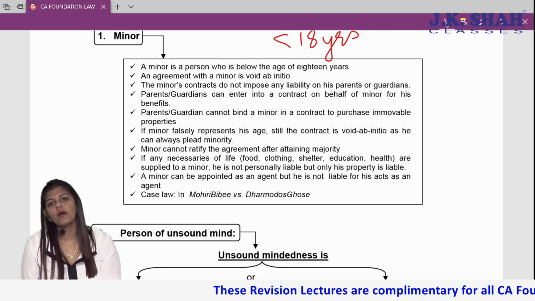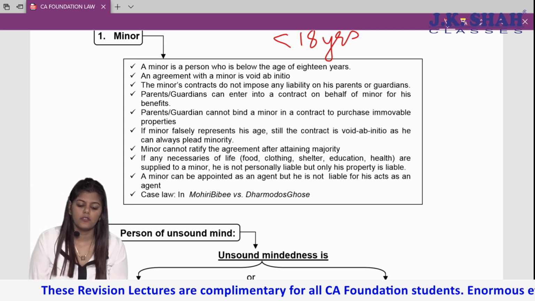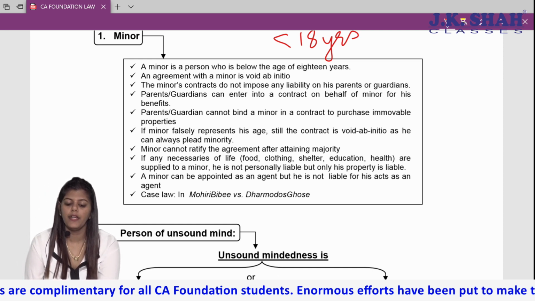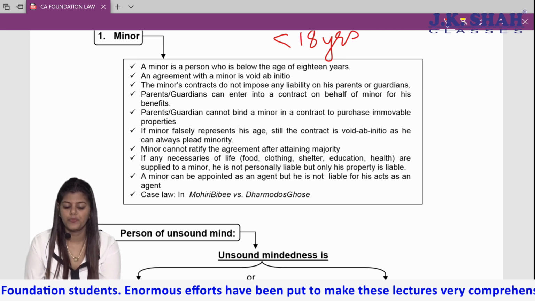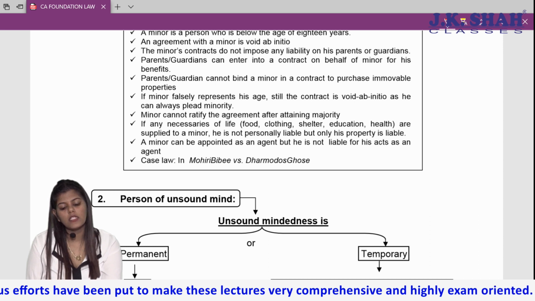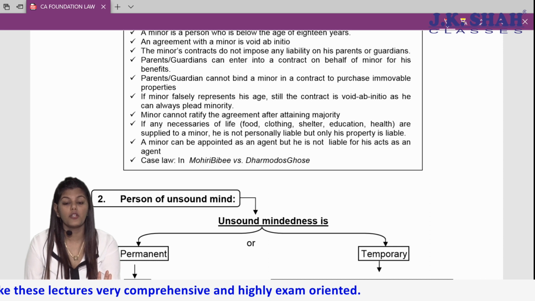That means it still comes in the category of necessaries. He can claim it from his property. So if any food, clothing, shelter, education, health are supplied, he is not personally liable, but only his assets are liable. You can appoint a bachcha, that is your minor, as your agent, but he is not liable for any losses. So you do it at your own risk.